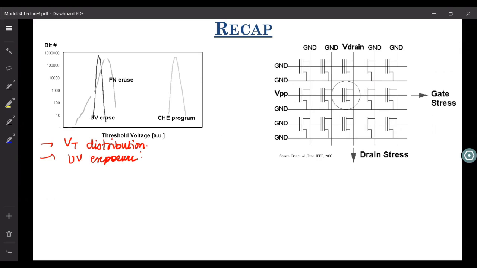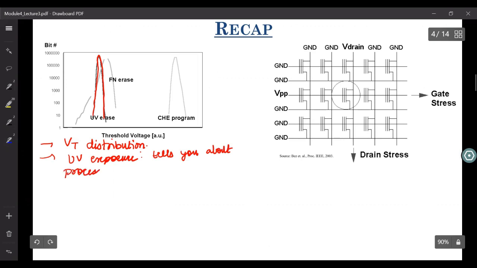What we obtained was a curve like this. It simply says that your threshold voltage is Gaussian distributed, or the parameters of these cells are also Gaussian distributed. So UV exposure tells you about the process variation, which is an extrinsic parameter.